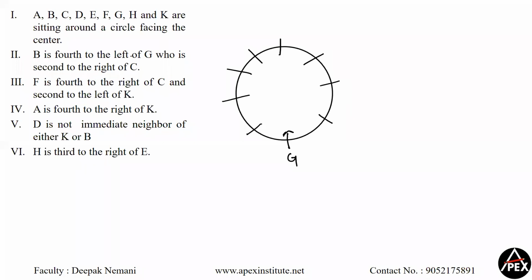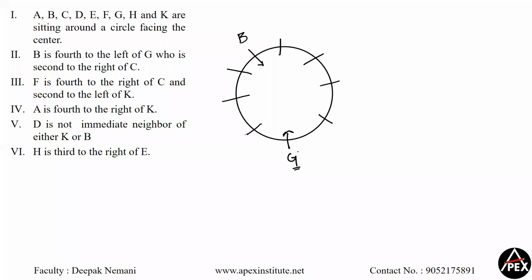Okay, so B is fourth to the left of G. So I am considering G here. You can also consider G here. No issues. Okay. Now B is fourth to the left of G. So first, second, third, and fourth. So B will be here, facing the center. Okay.